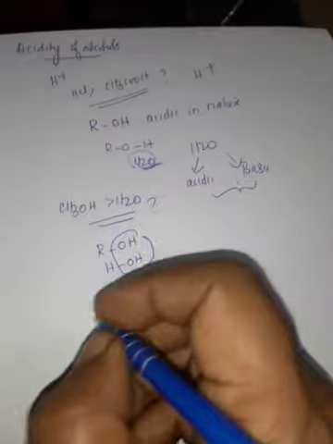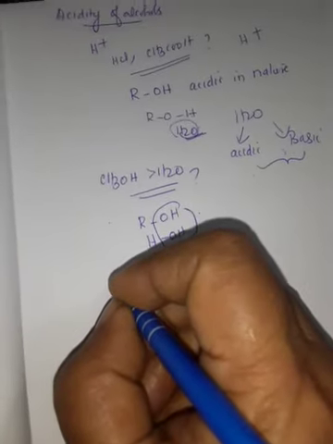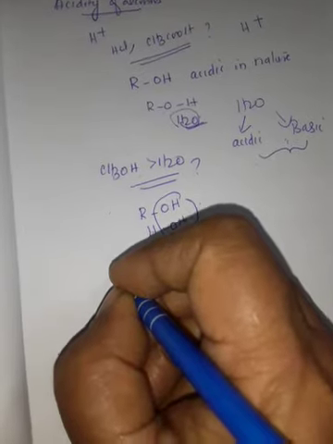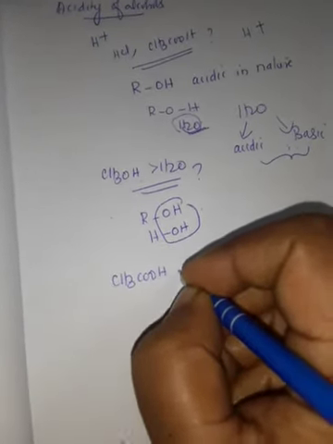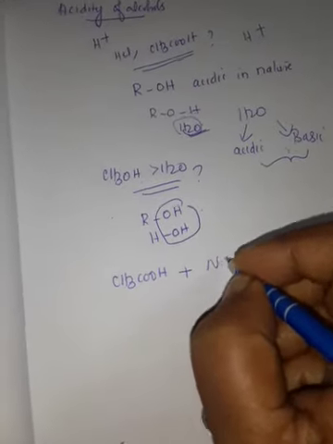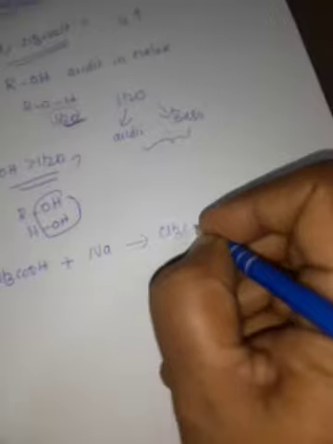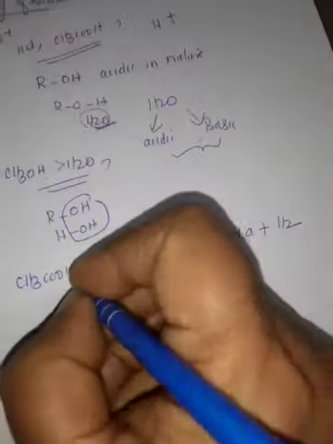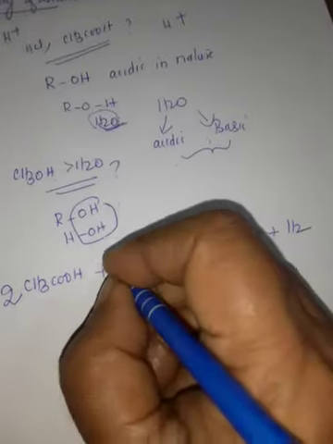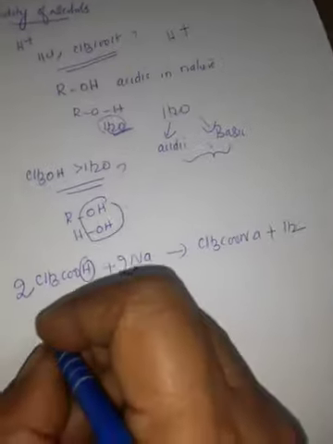There are some evidences. Evidence 1. For example, acetic acid, CH3COOH, when treated with sodium, forms sodium acetate, and hydrogen gas is liberated. Two molecules react here, and from this H2 is liberated.